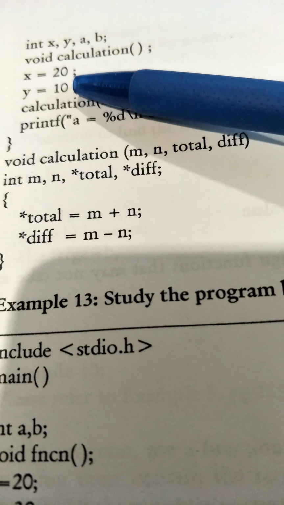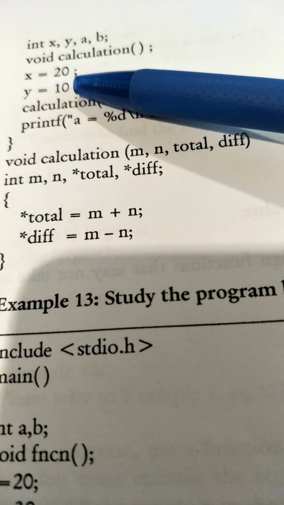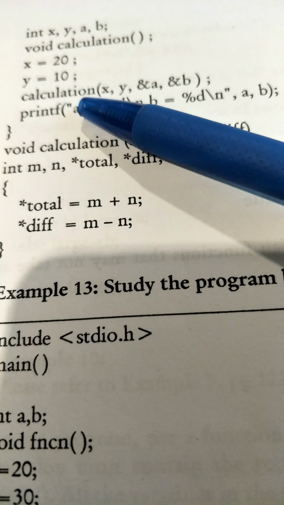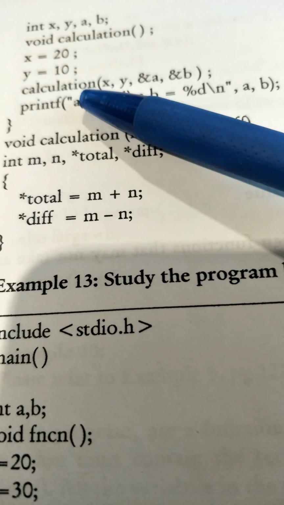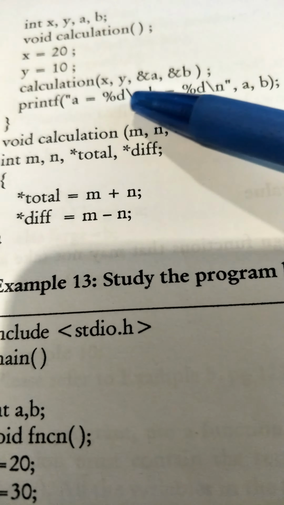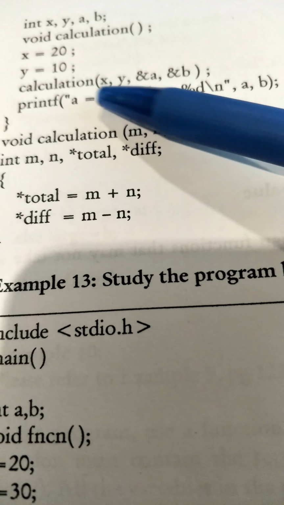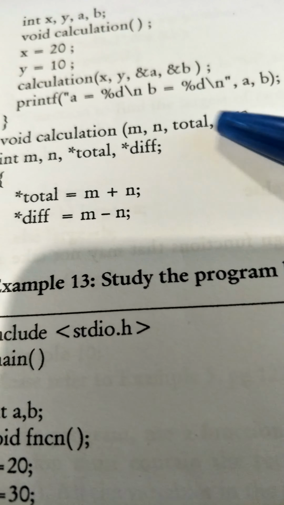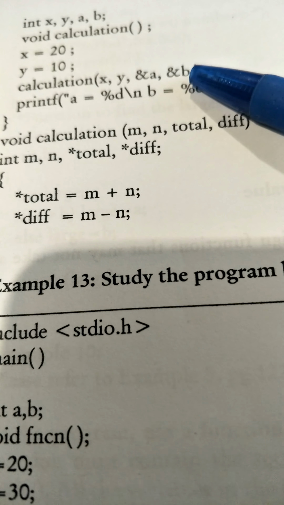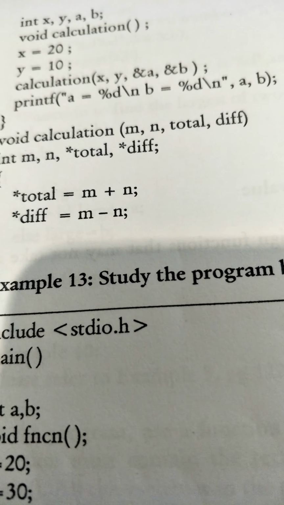We give an initial value to x and y, and then we call the function named calculation, where x, y here is the actual argument. And then ampersand a and ampersand b are the return values, the values that we want to return.